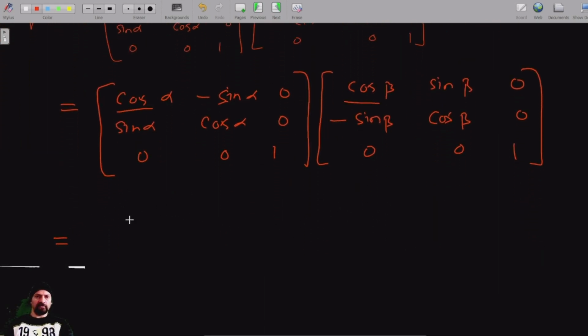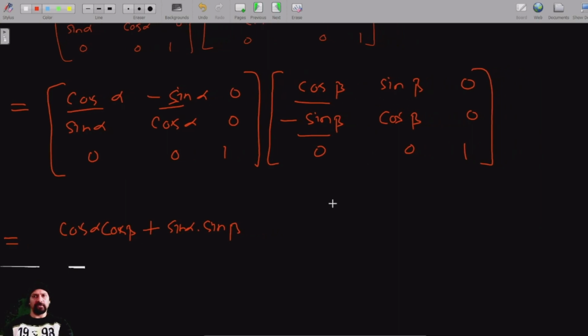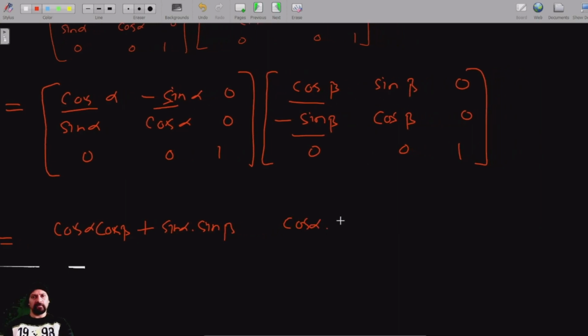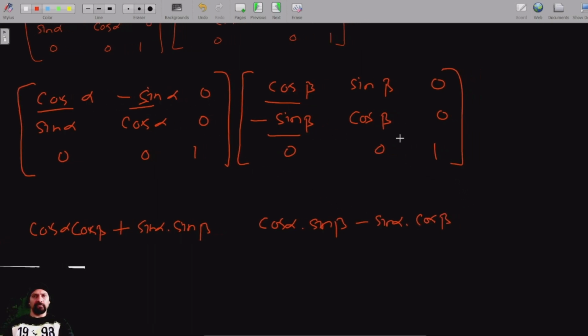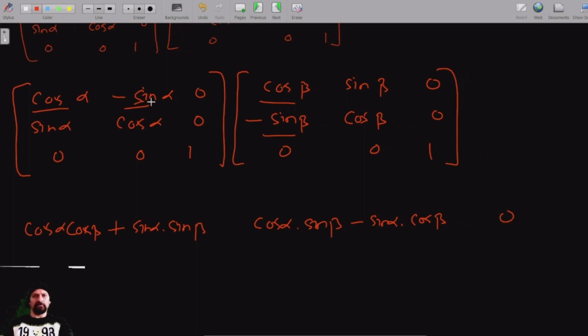So this is cos alpha into cos beta, and minus sine alpha into minus sine beta is plus sine alpha into sine beta. 0 into 0 is 0. So cos alpha into sine beta, and minus sine alpha into cos beta. And 0 into 0 is 0. So cos alpha into 0 is 0, minus sine alpha into 0 is 0, 0 into 1 is 0. So this is 0.